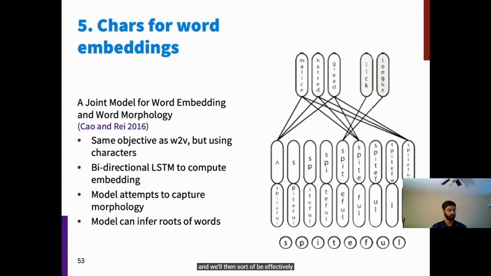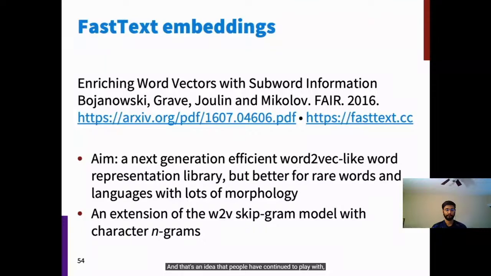We'll then effectively be training this more complex model where we're learning character embeddings and LSTM parameters, and that will give us our word representations. And that's an idea that people have continued to play with. In particular, I just wanted to mention these fastText embeddings.